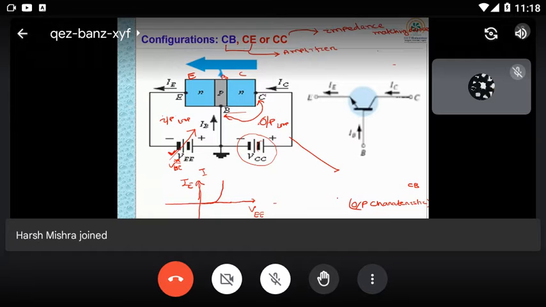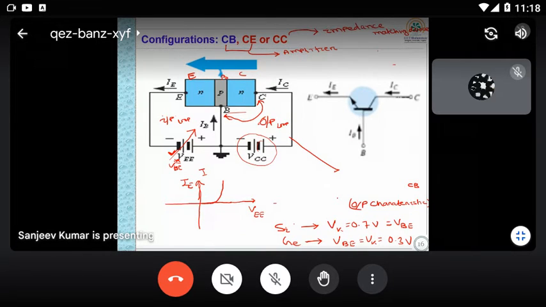If you are taking a silicon transistor, you can see that I am supplying input voltage, and as I already told you, this should be forward biased. It acts as a p-n junction diode, so it will behave like a diode characteristic. After the potential barrier of this junction, the current will flow. For a silicon based transistor, this will be 0.7 volt.